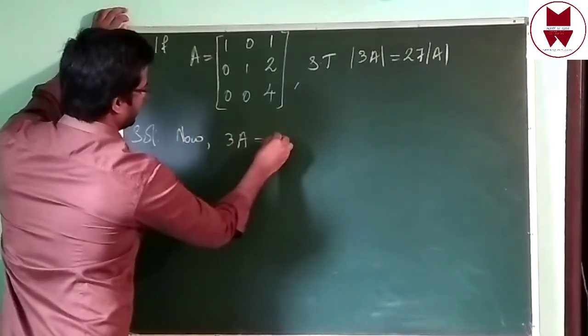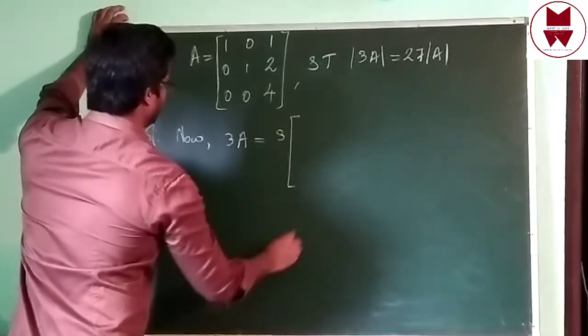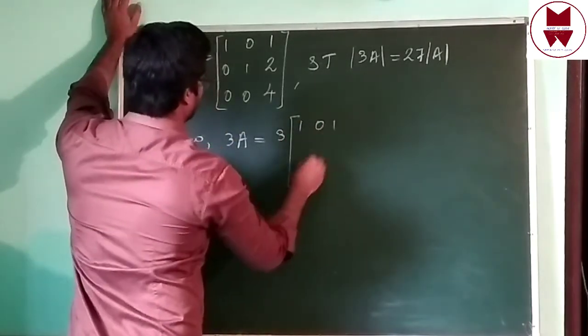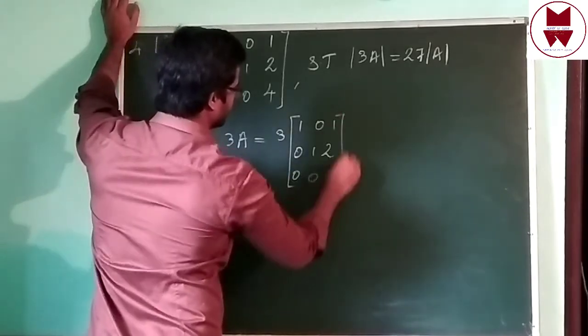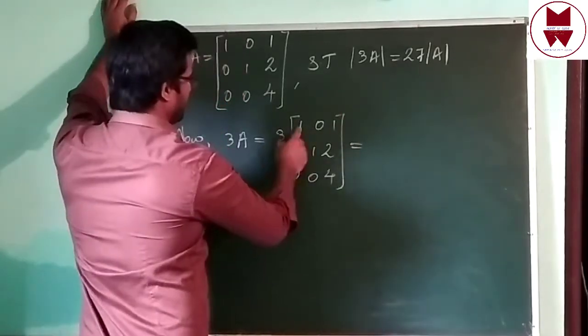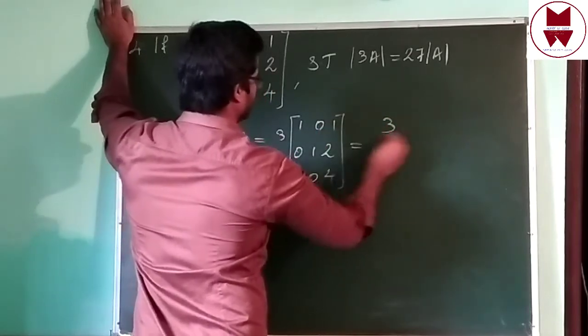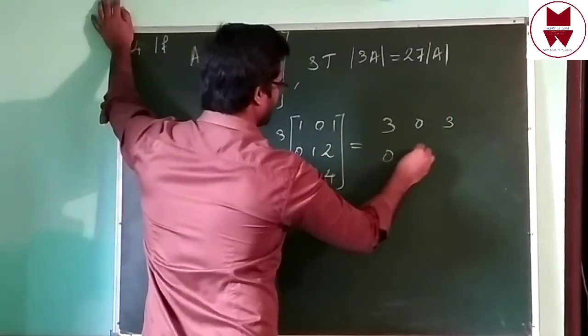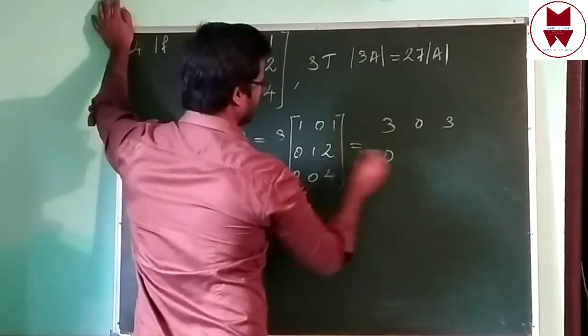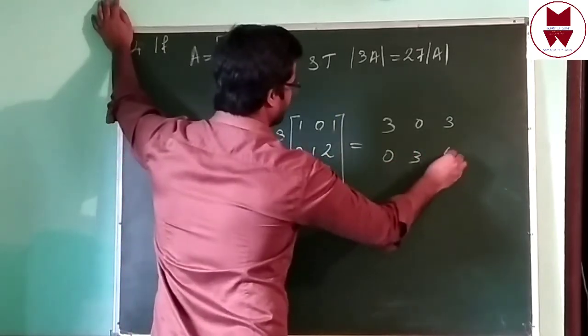3A equals 3 into A, which means 3 into [1, 0, 1; 0, 1, 2; 0, 0, 4]. 3 into 1 is 3, 3 into 0 is 0, 3 into 1 is 3. Then 0, 3 into 1 is 3, 3 into 2 is 6.